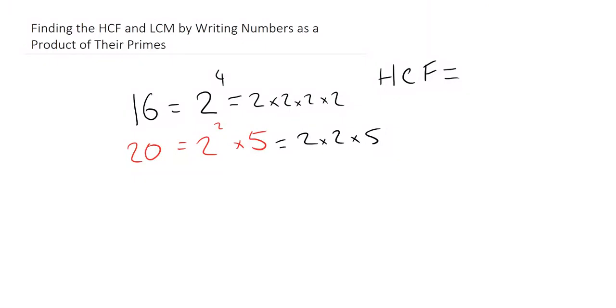Now, you can see clearly here that both of these contain 2 times 2. Those are the only things that are common to both. And so this is going to be the highest common factor. The highest common factor of 16 and 20 is 4. So that is quite simple.